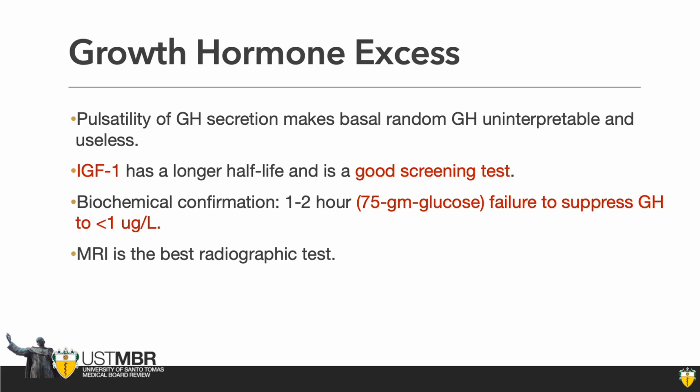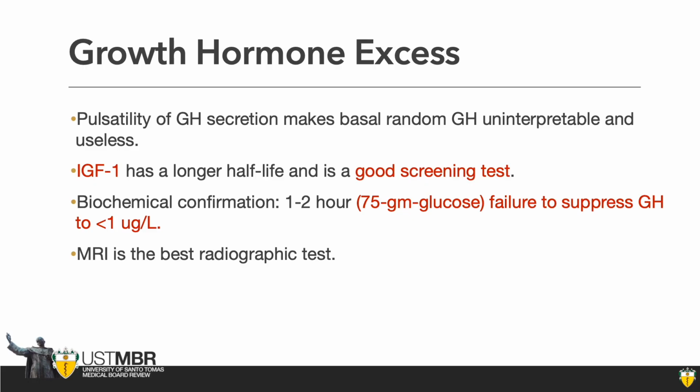Since the effects of growth hormone are through IGF-1, and IGF-1 has a longer half-life, it represents the true amount of growth hormone around. So in the case of growth hormone excess, the one that you screen for is IGF-1.